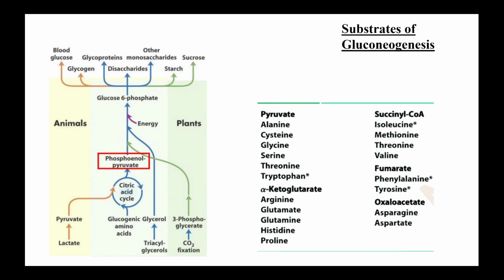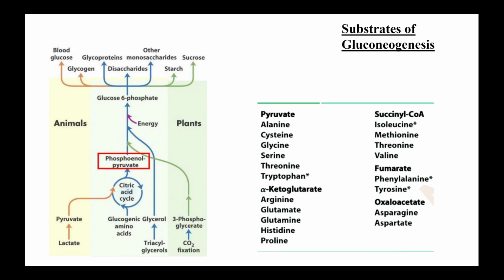Similarly, there are certain glucogenic amino acids. So here's a list of glucogenic amino acids that can enter the TCA cycle at different points. There are certain amino acids like alanine, cysteine, glycine, serine, threonine, and tryptophan. All of these can enter the pathway by getting converted into pyruvate.